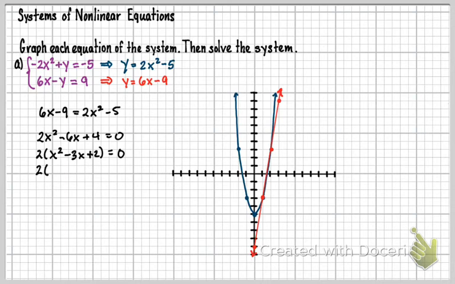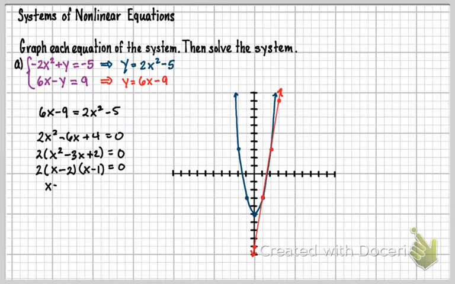So this is going to be a 2, then x minus 2, not plus, because that's a minus there, and then x minus 1. The signs have to be the same since I have a plus there. And then 2 times 1 is 2. And that equals 0.